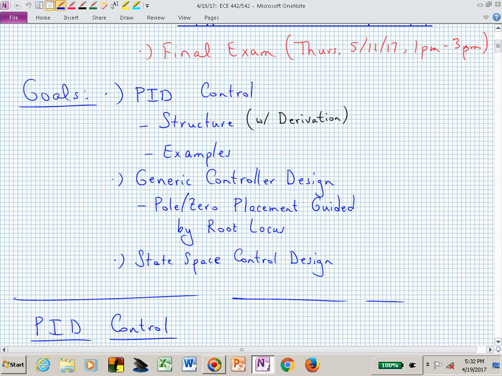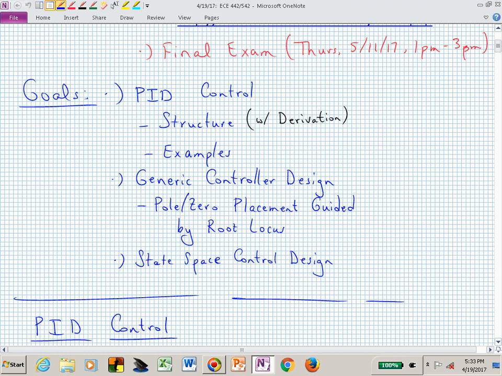If we have an unstable system, it may require us to place a pole outside the unit circle to eventually stabilize the system. That's what I mean by generic controller design, and that's why it's important that we try to understand these root locus rules so that we have some way of guiding our decision process into where we put these poles and zeros.